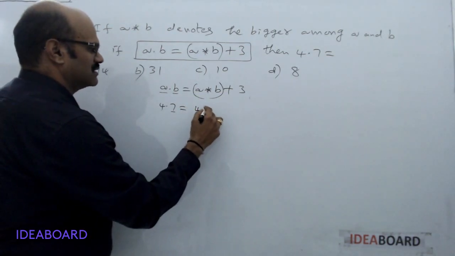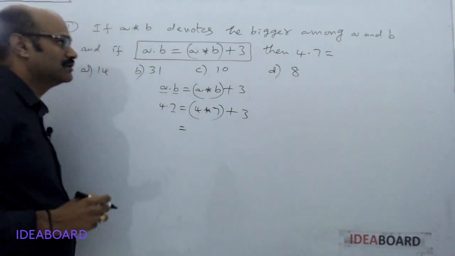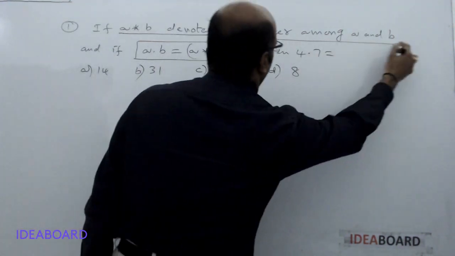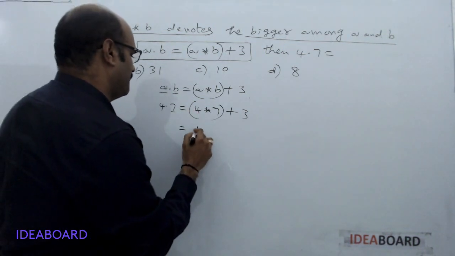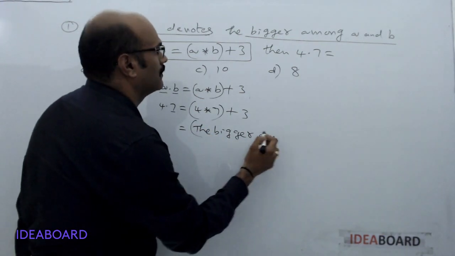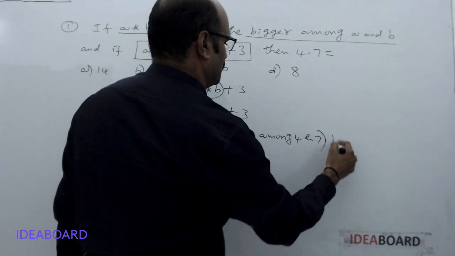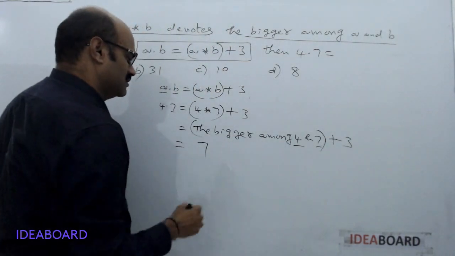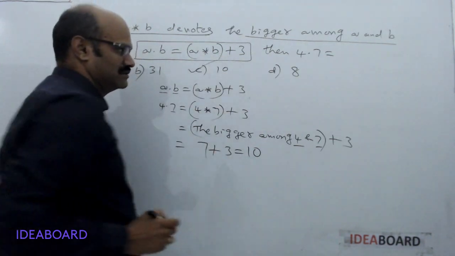So 4 star 7 plus 3 equal to, it is given that A star B denotes the bigger among A and B. Now 4 star 7 equal to the bigger among 4 and 7, plus 3. In 4 and 7, the bigger one is 7. So 7 plus 3 equal to 10. So here option C is correct.